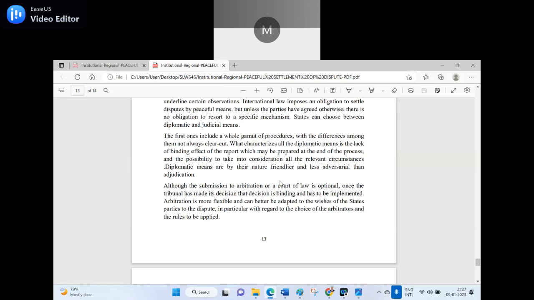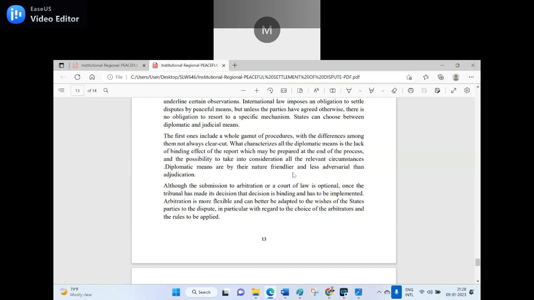Either you follow the institutional method, the adjudication method, the diplomatic method, or the non-legal method, any method you follow, if the parties agree over there, then those things are binding. The binding will not come at that instance when the parties disagree. Is it clear?